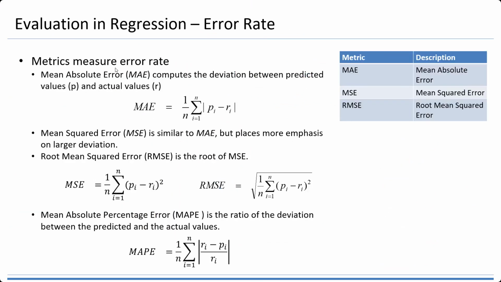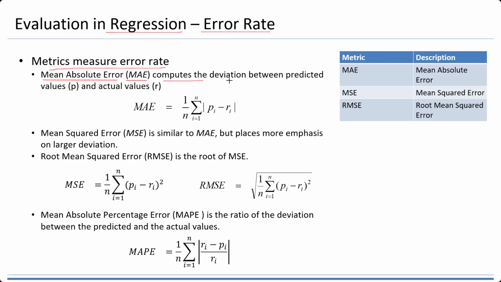So whenever we do with the regression, there will be some measurements, we call it error rate. So this error rate, there are 4 error rates that we can learn in Orange. The first error rate, we call it mean absolute error, or MAE.